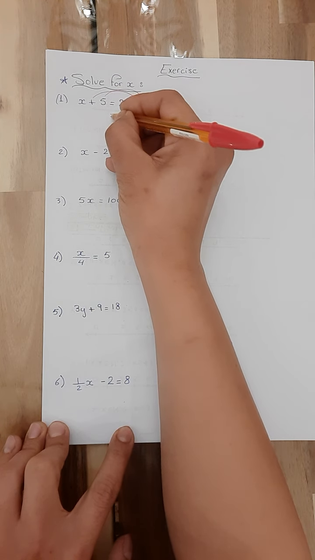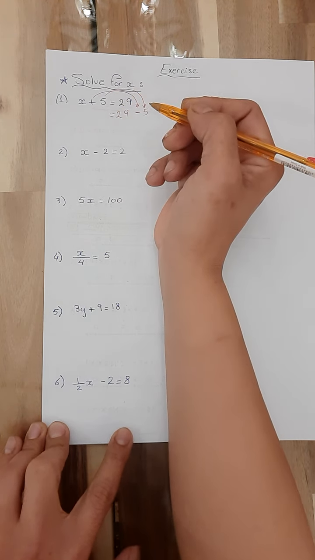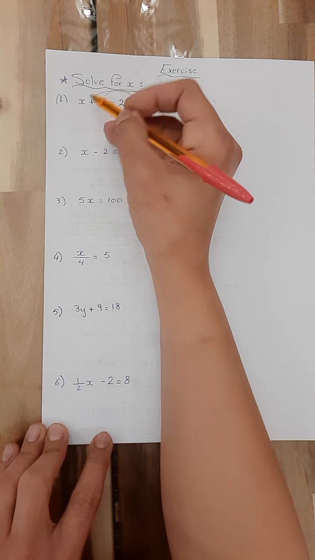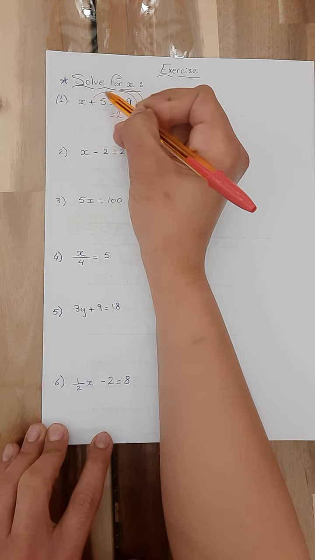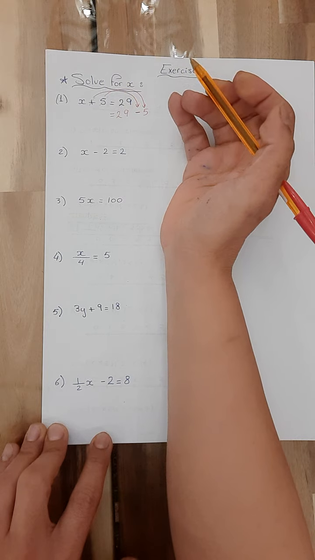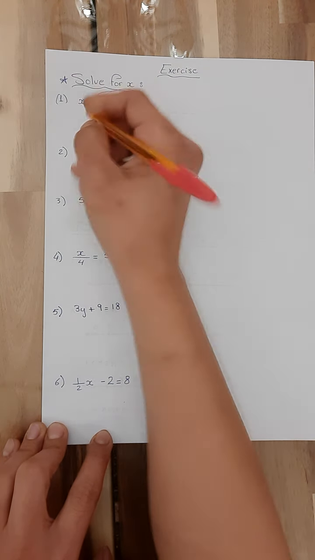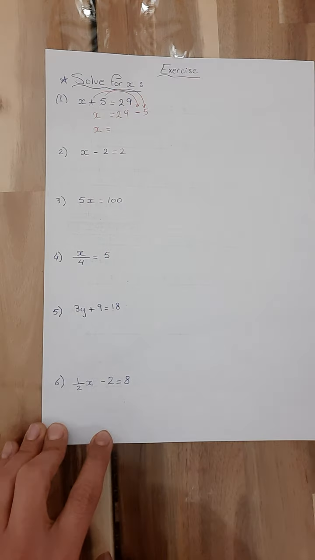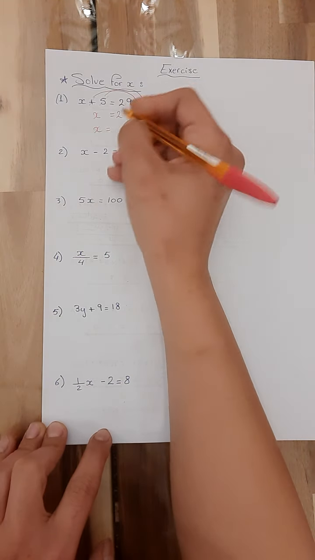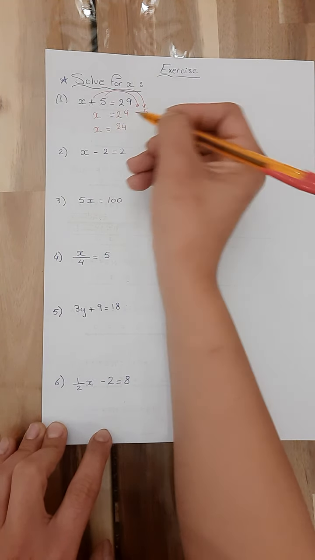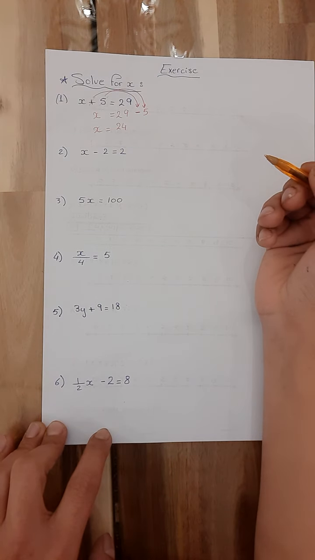So it will be equal to 29 minus 5. This plus went there, it is not here anymore, and this 5 went there, it's not here anymore. So x is equal to 29 minus 5. Do it on the calculator, it will be 24. This is the answer of x.